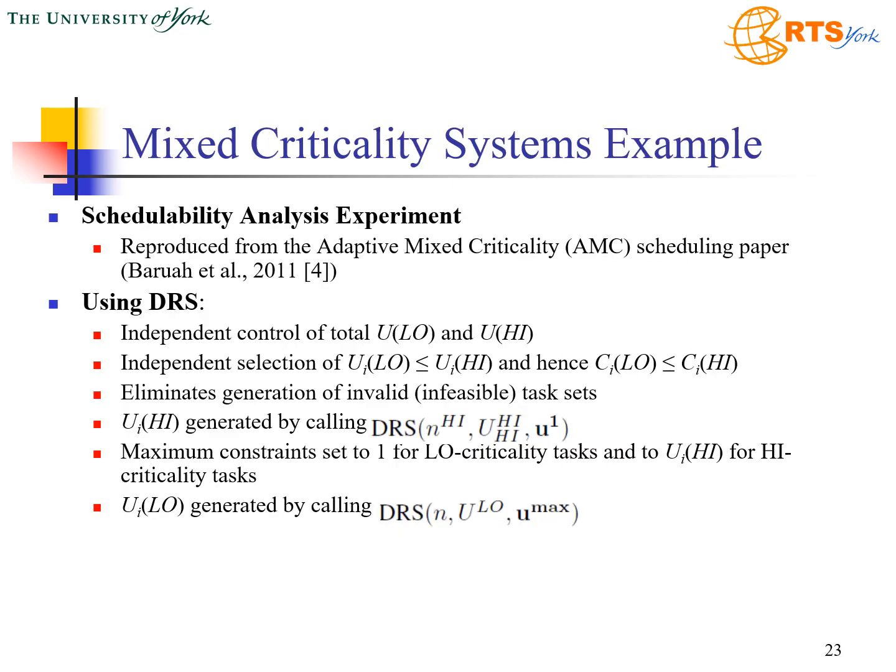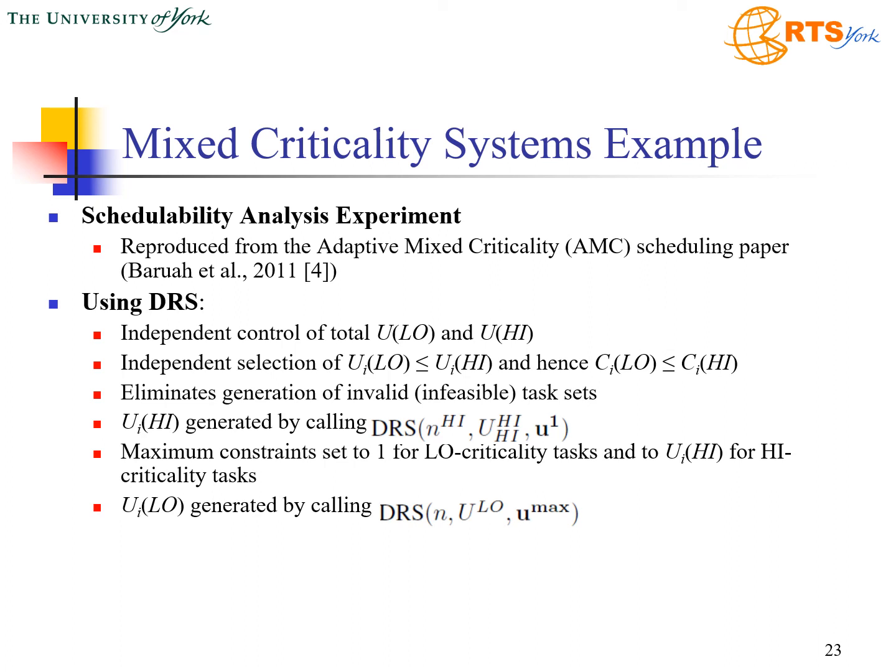Taking mixed criticality systems as an example, we reproduced one of the schedulability analysis experiments from the original paper on adaptive mixed criticality from 2011. Only here we used the DRS algorithm as the basis for task set generation, and this allowed us independent control of the total low criticality utilization and the total high criticality utilization.